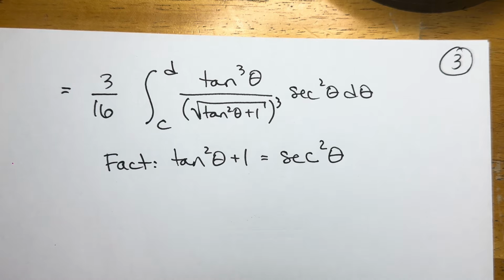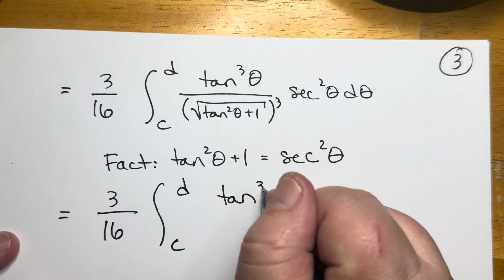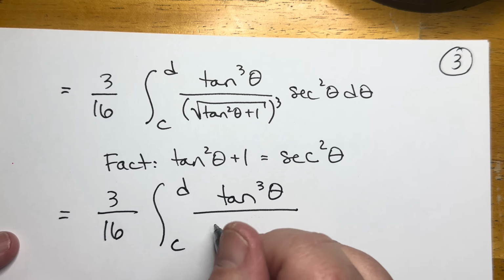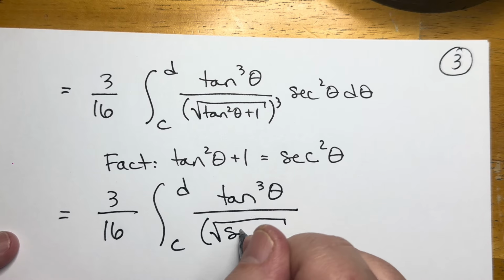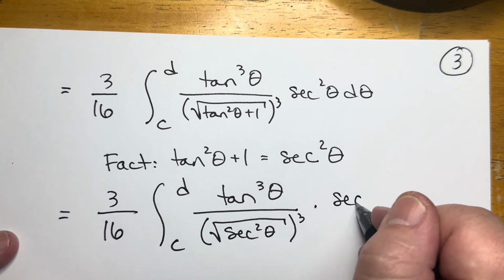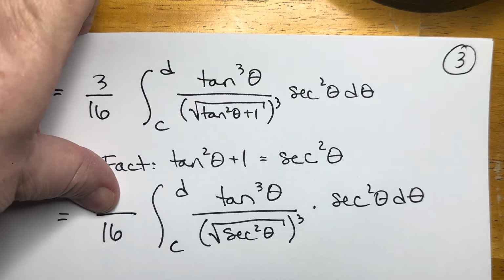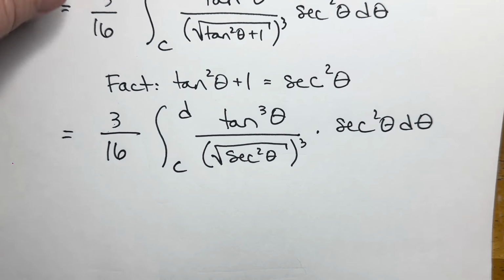So let's convert this tangent squared theta plus 1 into secant squared. Kind of woohoo.